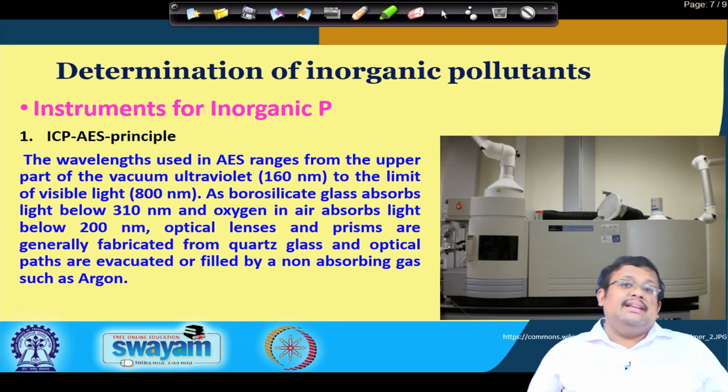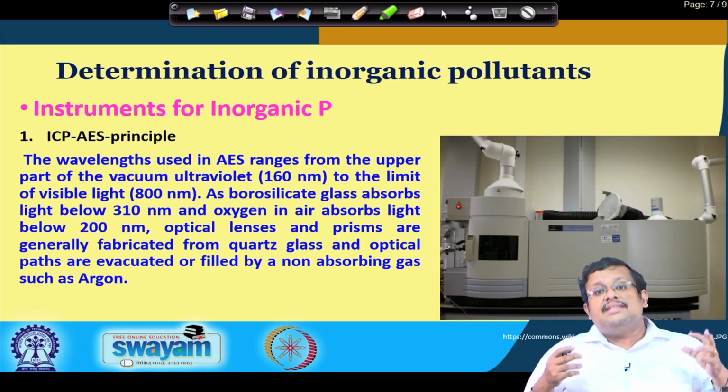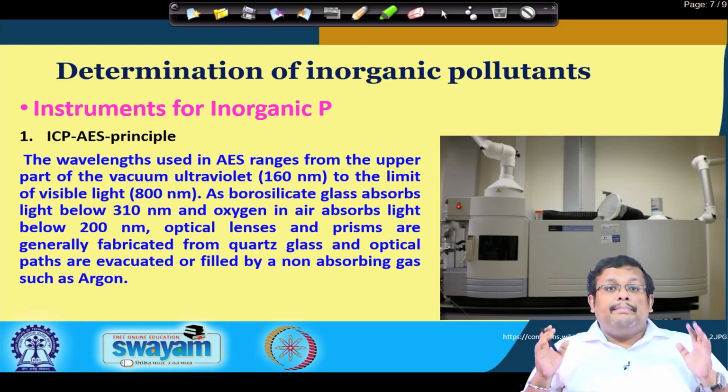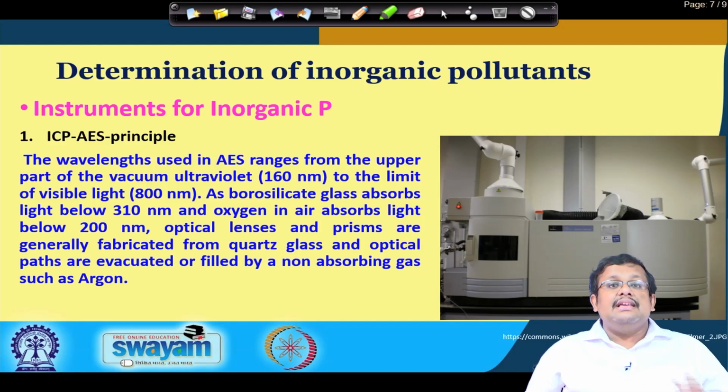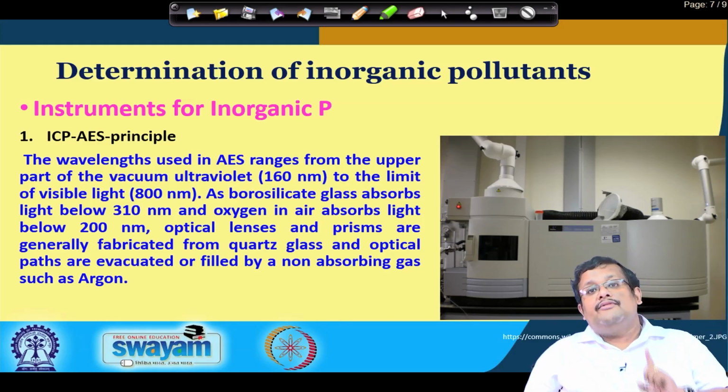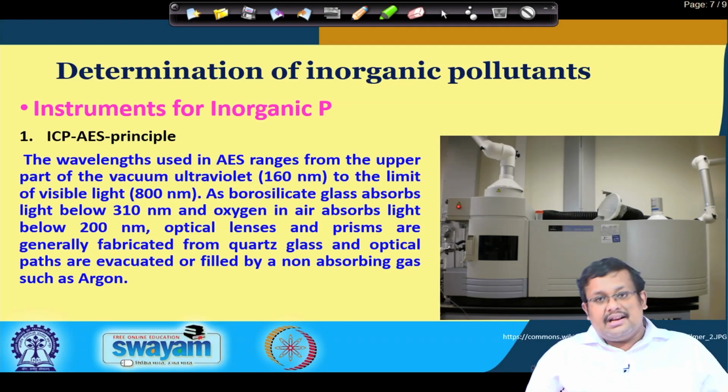As borosilicate glass absorbs light below 310 nanometer and oxygen in air absorbs light below 200 nanometer, optical lenses and prisms are generally fabricated from quartz, and optical parts are evacuated or filled with non-absorbing gas such as argon, because if there is a presence of oxygen, there will be absorption of light. So, that is why they are either evacuated or filled by non-absorbing gas like argon.